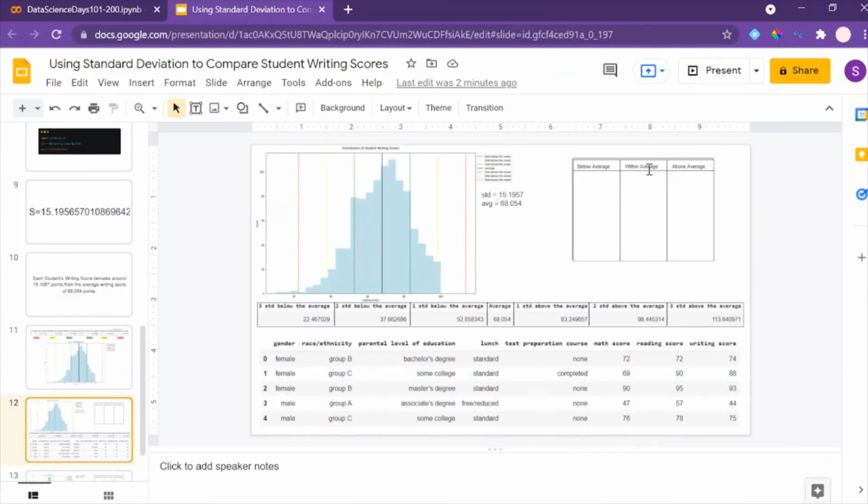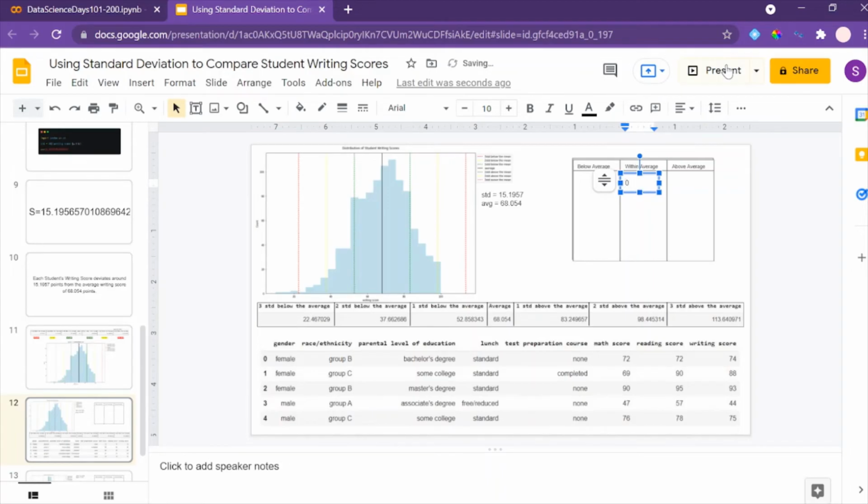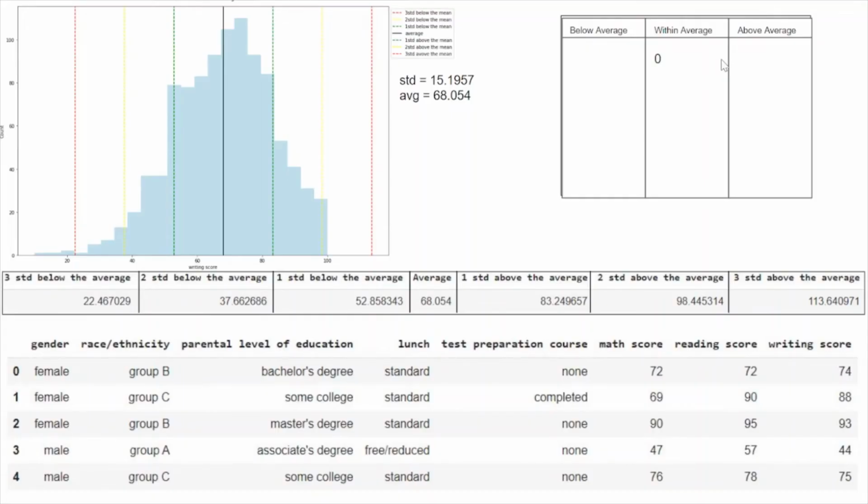So let me go ahead and write that down. Student 0 is going to go within average because, again, if you are within average, you're going to be between one standard deviation plus or minus from the mean. If you are above average, you're going to be within two standard deviations above the mean.